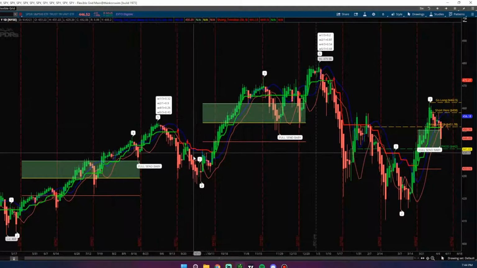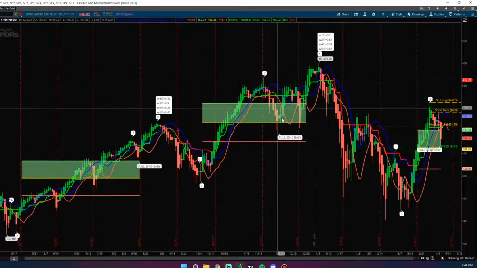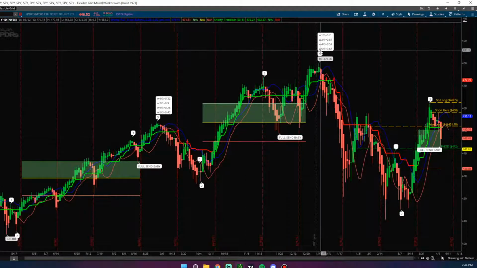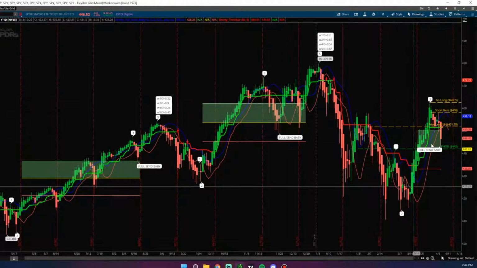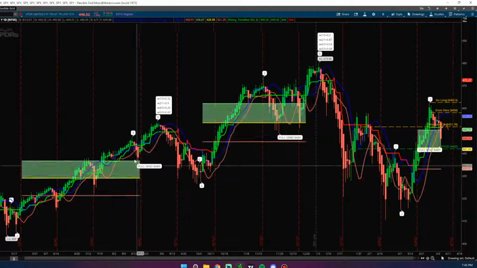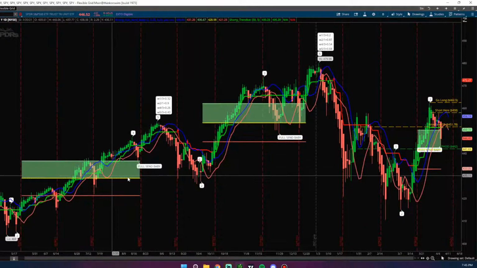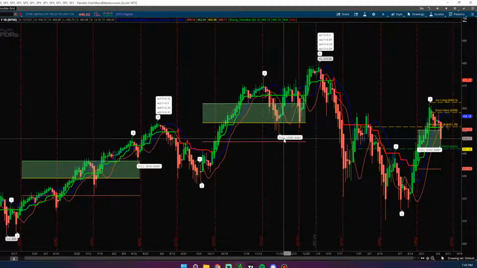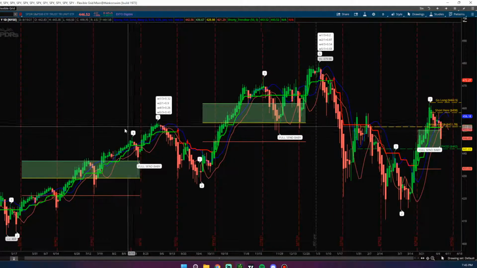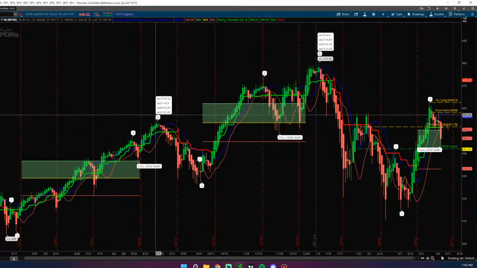After 5, it resets to 1. 1, 2, 3, Full Send. Here's our 5. 1, 2, 3, Full Send. So on this, it looks like a lot of the times the Full Sends pop up on the 4th. That's not always the case. Sometimes they'll pop up on 3. Sometimes they'll pop up on 5.